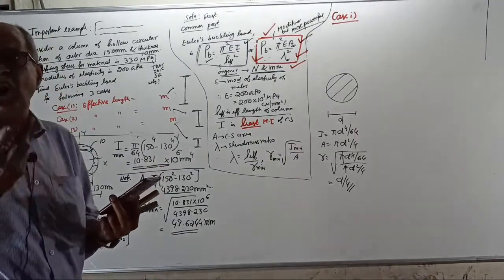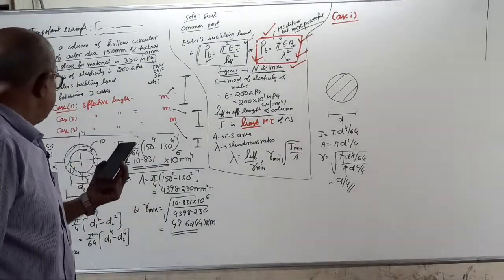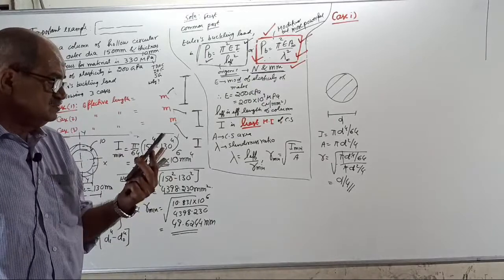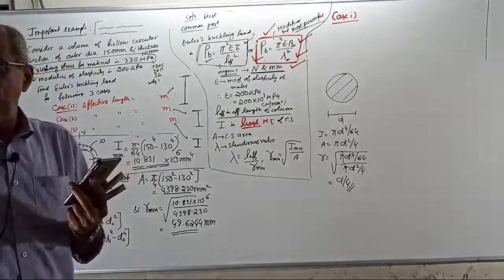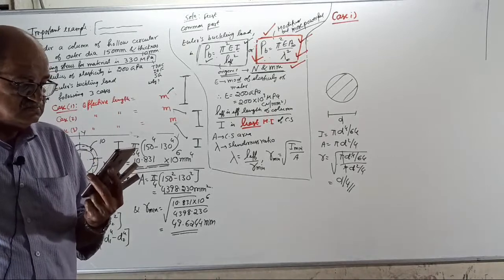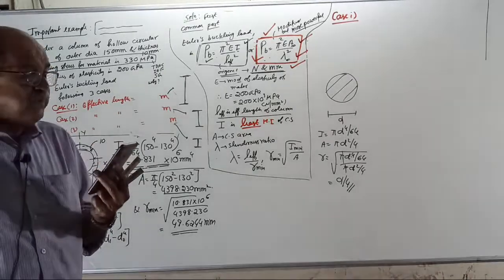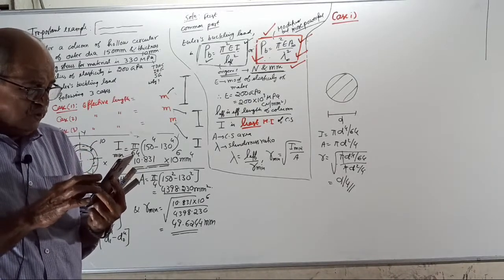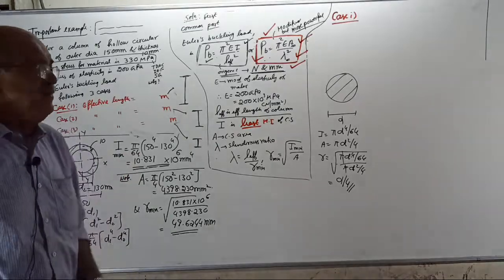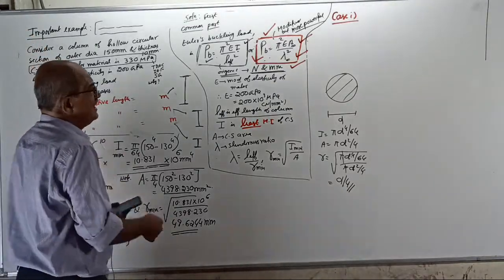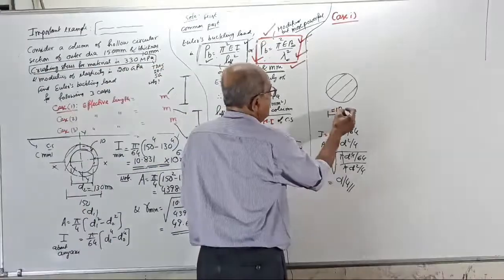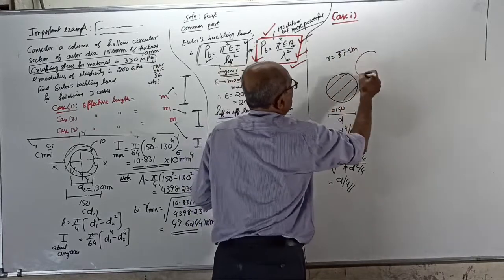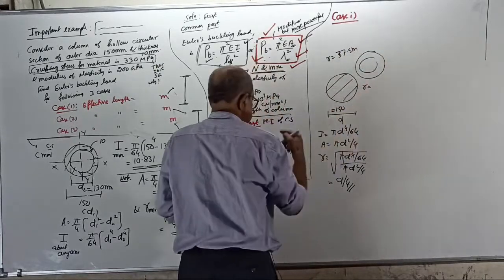If it is not hollow, suppose it is a solid circular section of diameter 150, inner part is solid. 150 divided by 4, what is the answer? 37.5 millimeter. If it is a solid circular section of diameter 150 mm, your R will be 37.5 millimeter. But here, because of the hollow section, your R became how much?